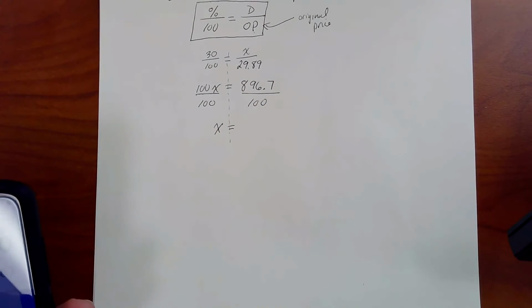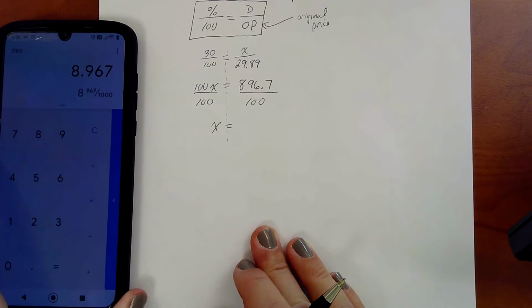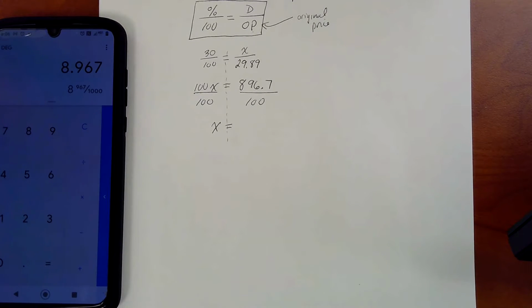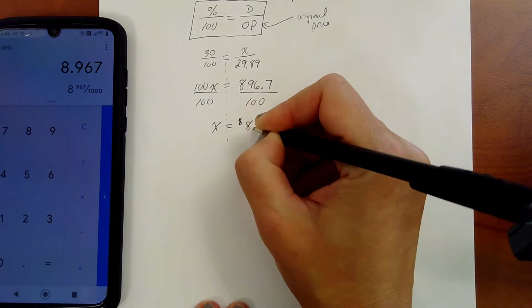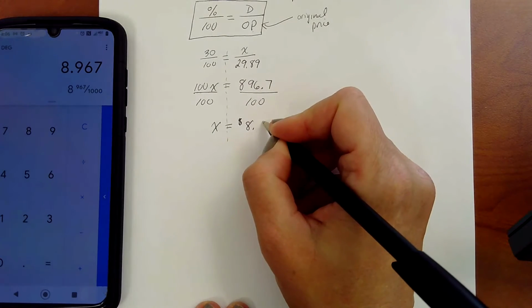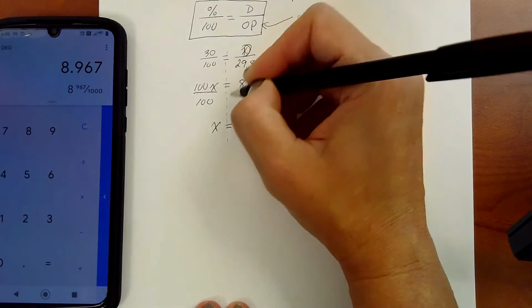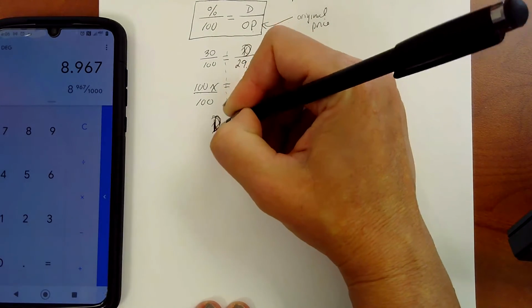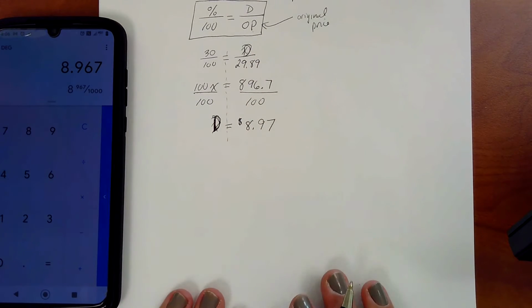And if I type that in, let me show you what I'm getting here: 8.967. If I'm going to round that to the penny, that's going to be $8.90. That's got to go up to a 7. All right, so I'm saving $8.97. I kind of wish I kept that as a D. So the discount is $8.97.